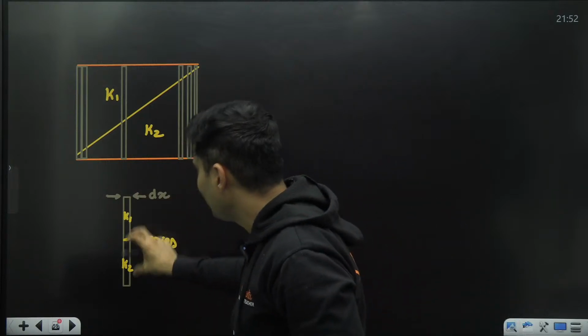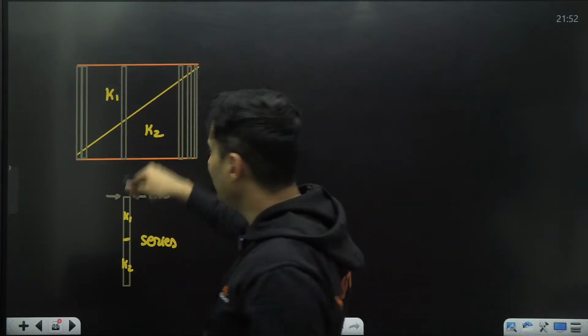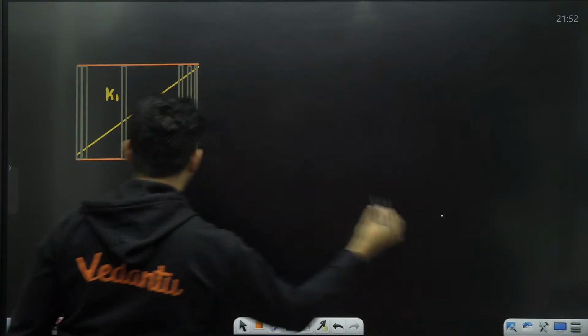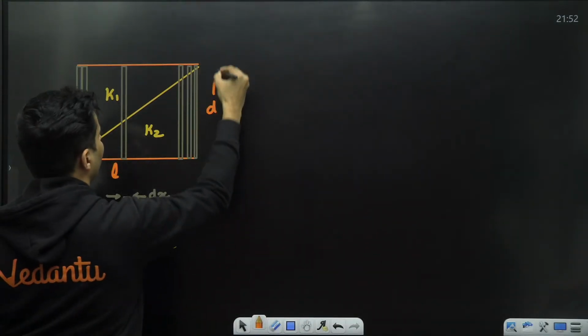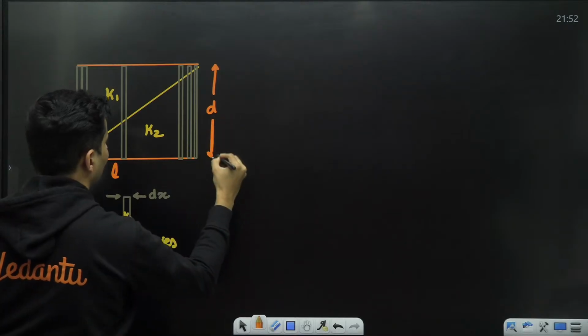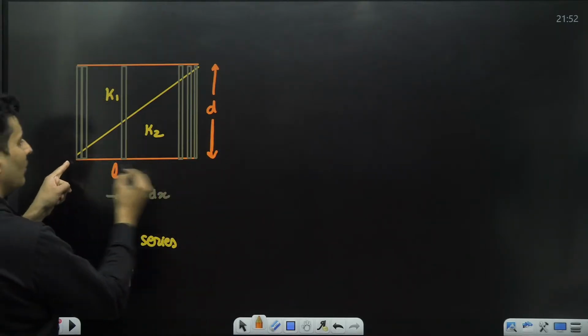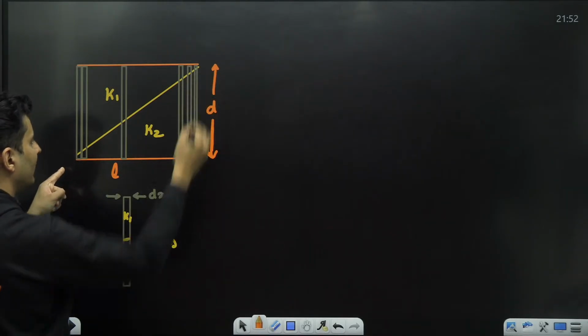And how much this length and this length are will depend on the equation of this line. So if you know this particular length, and you know this particular width, then you can easily say for a distance of L, the width is d.